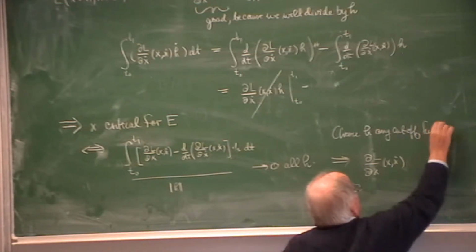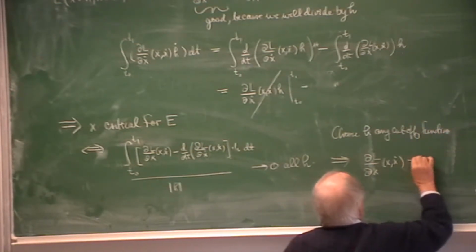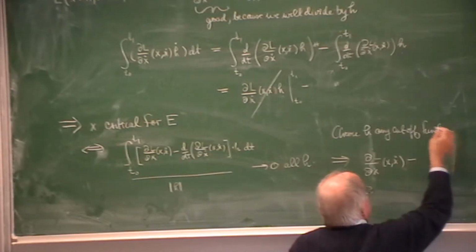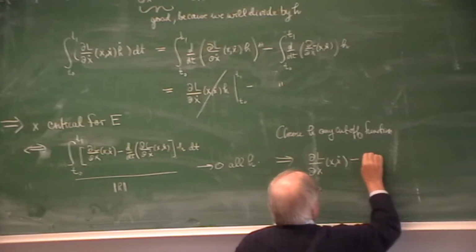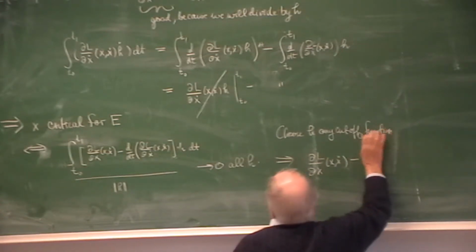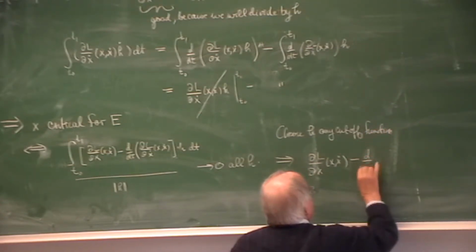A cutoff function. Well, it's a cutoff vector valued function. So this is ddt.